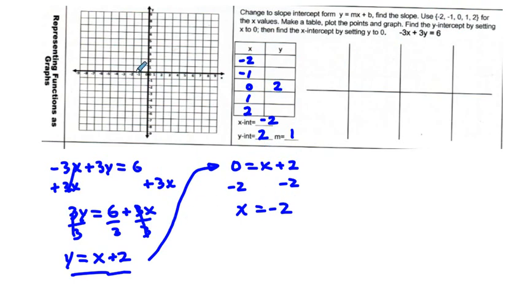In fact, we can draw it actually. Our y-intercept is 2. We know our slope is 1, so we go up 1 over 1. So the graph is going to look something like this.